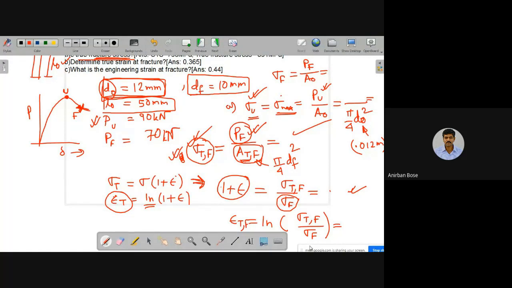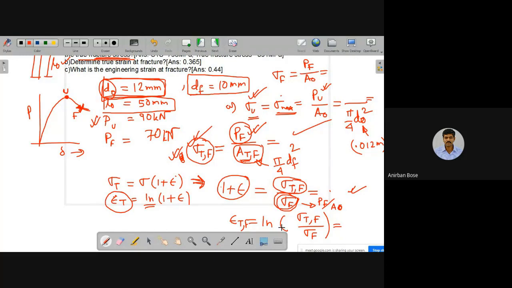This one we have already calculated by this formula, and this part you have to calculate because that is very simple: the load corresponding to fracture divided by the initial area, because this is the engineering stress at the fracture.